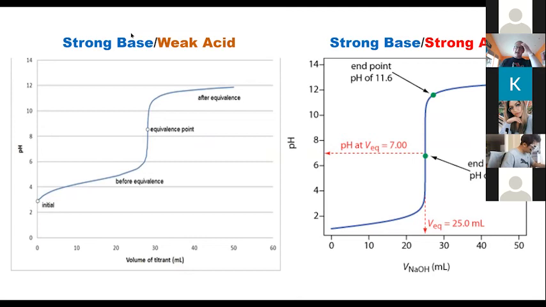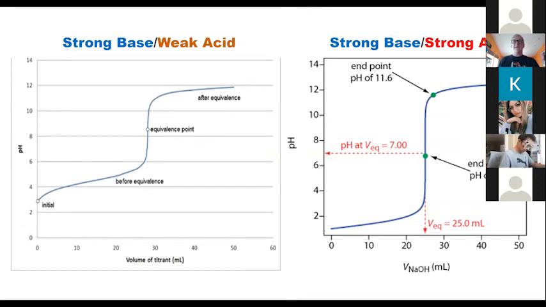All right, so it's asking about the titration on the left, which is the titration we're doing with a weak acid, and the particular weak acid is acetic acid, and the strong base is the hydroxide, just like we're doing now.